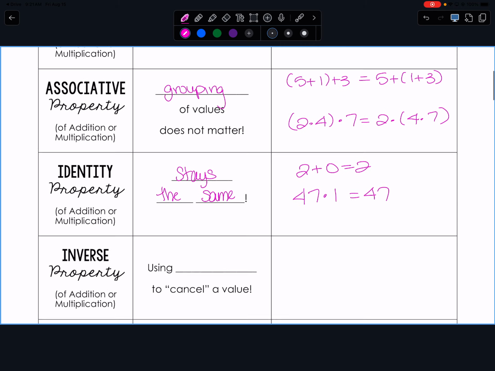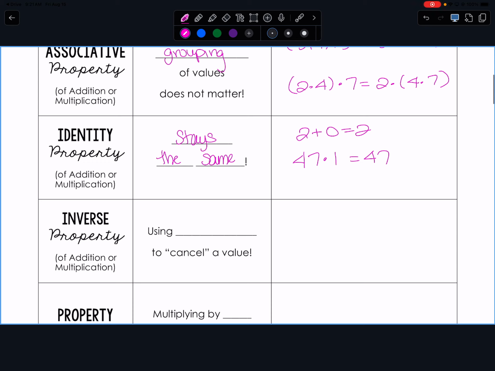Inverse property is using the opposite to cancel the value. Pick a favorite number. 19. 19 plus negative 19 is equal to 0. Another favorite number? 4. 4 times 1 over 4 is equal to 1.